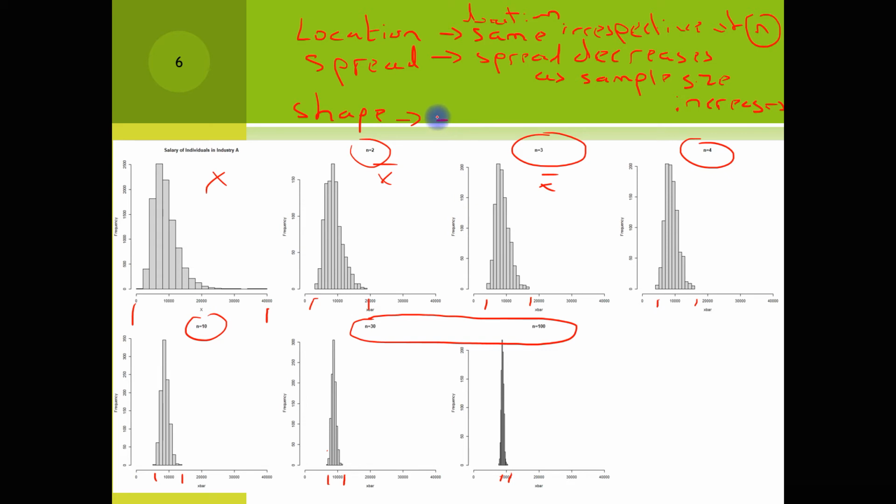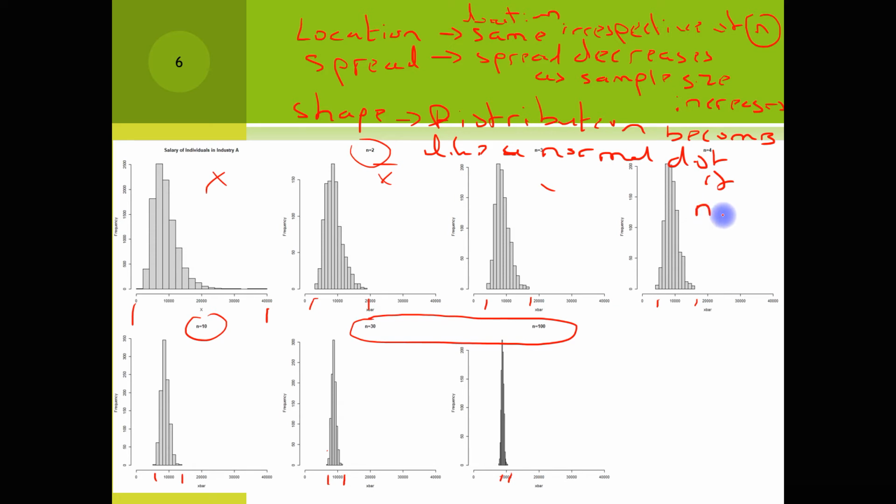The distribution becomes more like a normal distribution if the sample size is large, only if it is large. If it is not large, this does not apply.